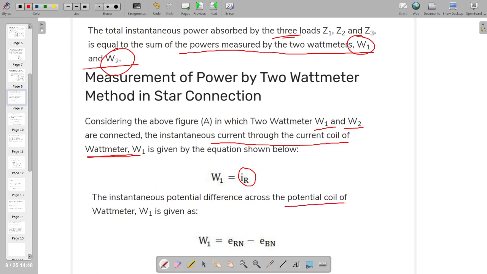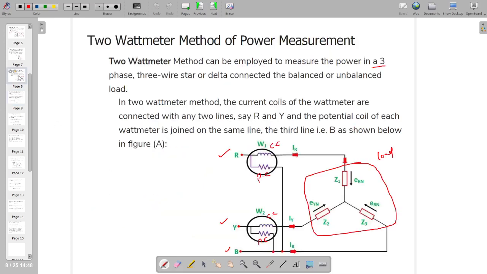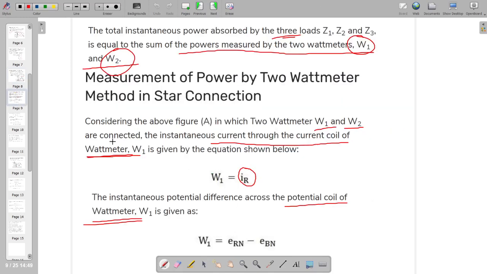The potential coil of the first wattmeter is connected between R and B phase, so the voltage of the first wattmeter is ERN minus EBN.